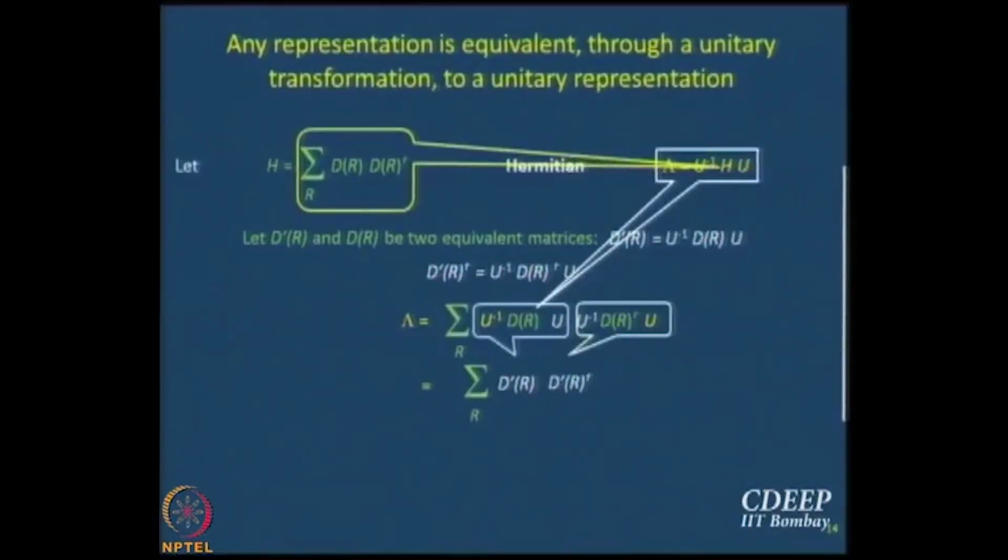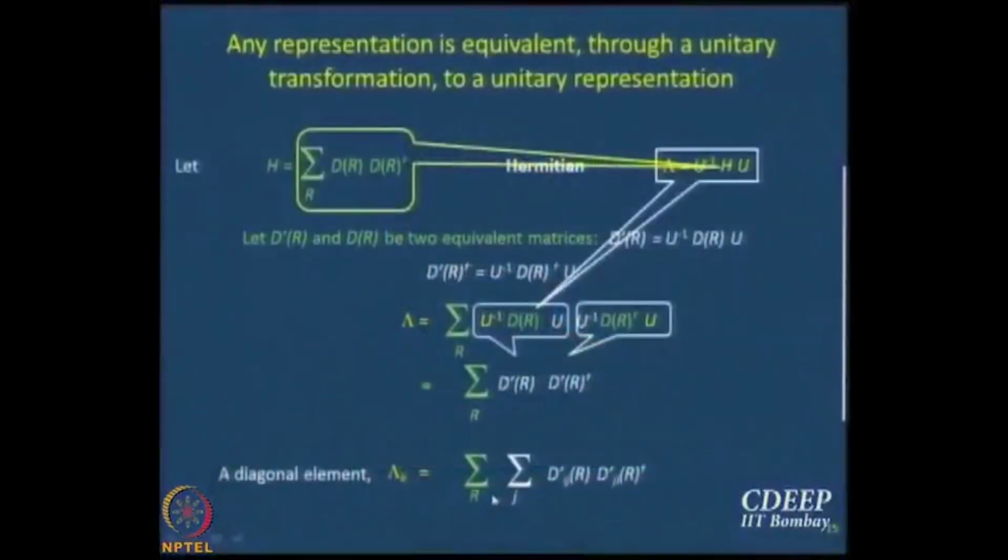What do I do next? Let me see what a diagonal element is to start with. You remember lambda is a diagonal matrix, right. See, this is what the diagonal element is going to be. Lambda jj will be once again sum over r, sum over j d ij prime r multiplied by dji prime r dagger. Is that correct? Let us see what is lambda 1 1.